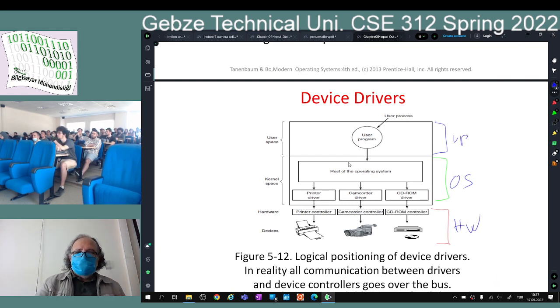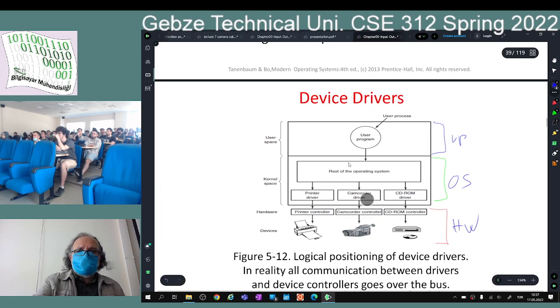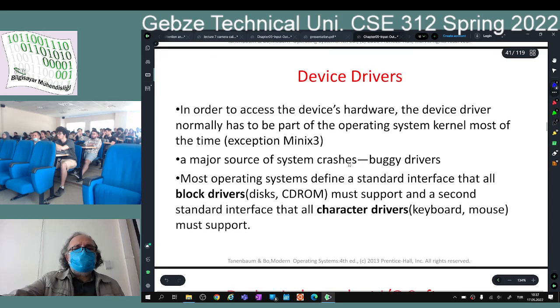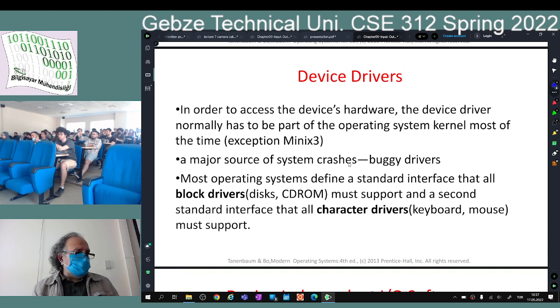So the device drivers are actually a part of the operating system most of the time. Whatever you buy from the manufacturer of your device, the software part of it becomes your operating system most of the time.